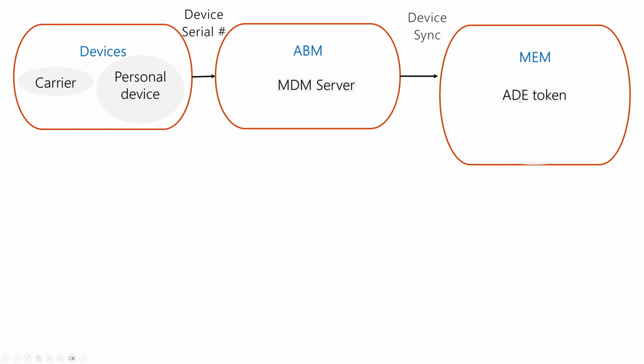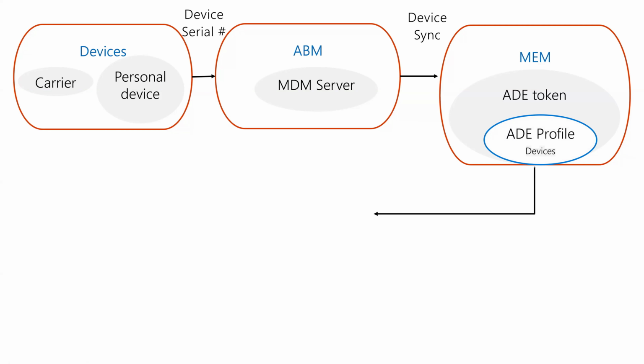Then comes the ADE token, which you enter, you do the device synchronization, and then the ADE profile. And then this is the Apple activation service.